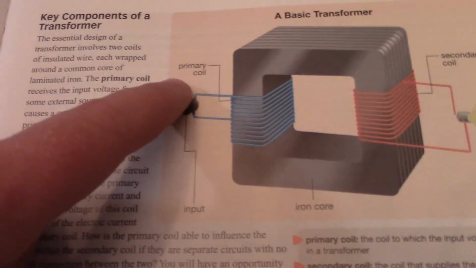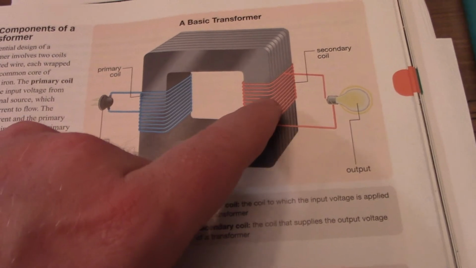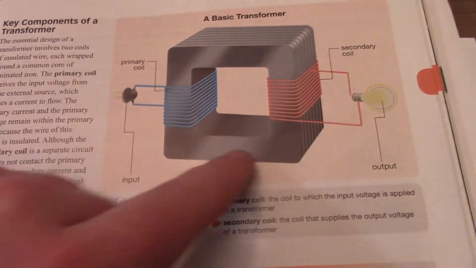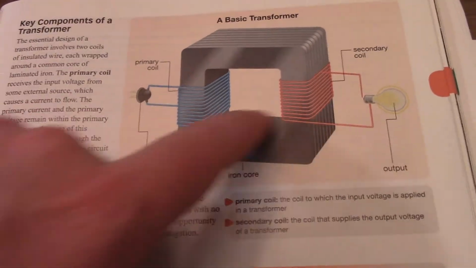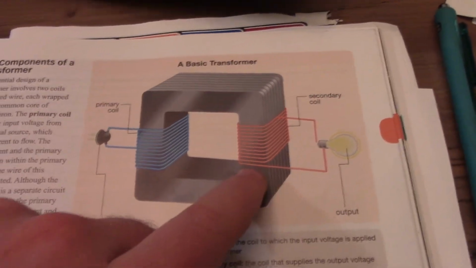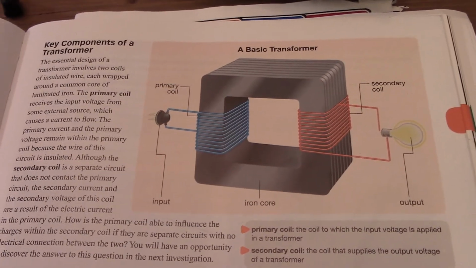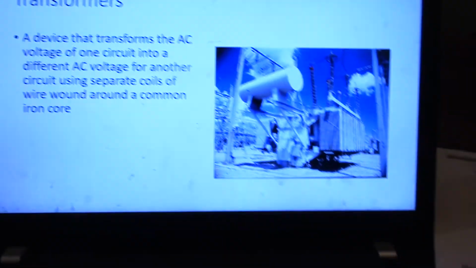The primary coil receives electricity. The secondary coil has electricity leaving the iron core. So it's the ratio of coils that determines how much voltage gets sent to a destination. And this is how we store energy on a grid.